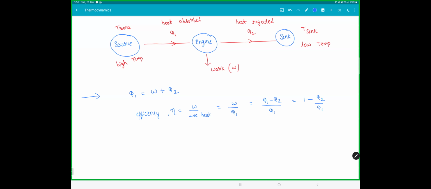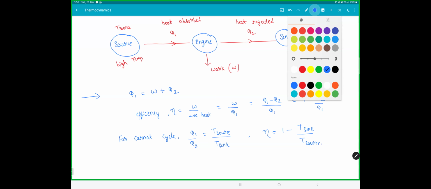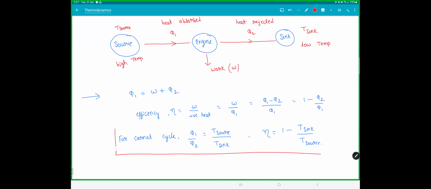And just now we saw for the Carnot cycle, Q1 by Q2 is T1 by T2. So here T1 is T source and T2 is T sink. So your efficiency eta becomes 1 minus T sink by T source. These are the two main formulas you need to remember. If you know these two, you'll be able to handle all of the heat engine problems. You can copy it down. We are going to use that.